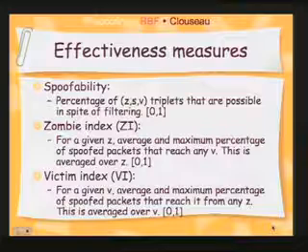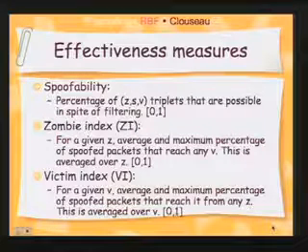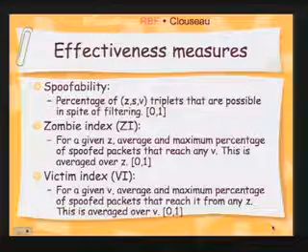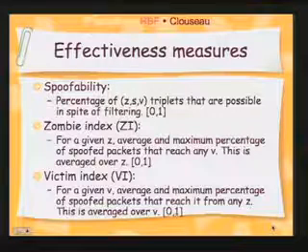Zombie index is another measure, and it looks at all the possible addresses being zombies. And then for a given zombie, it looks at the average and the maximum number of spoofed packets that could reach any destination. So for the average, I'm going to average it over all destinations. For the maximum, I'm just going to pick the destination that is so unlucky that this zombie can send a lot of spoofed packets to it.